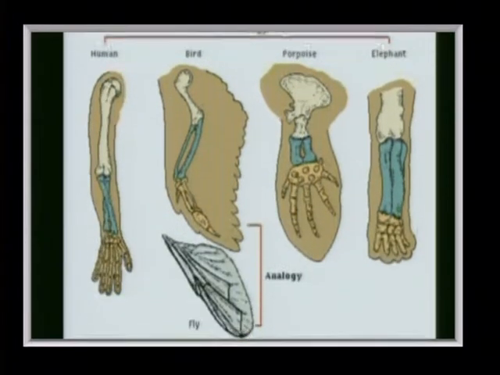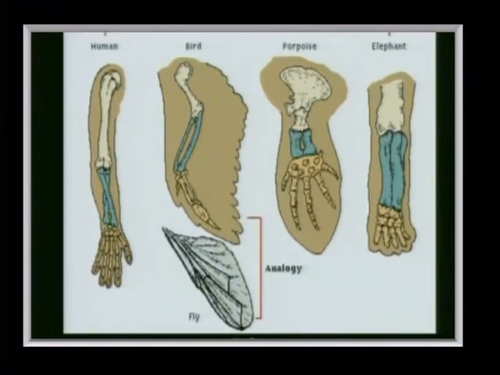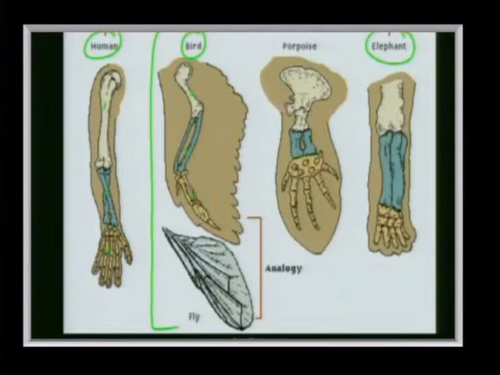And here just a little summary, just indicating what I showed you with the previous slide also, is that you have humans. In other words, there's the arm with the humerus and all the various bones that are exactly the same. Same there with the elephant. But if you compare the bird and the insect, you'll actually see that they have the same function, but not the same fundamental structure.